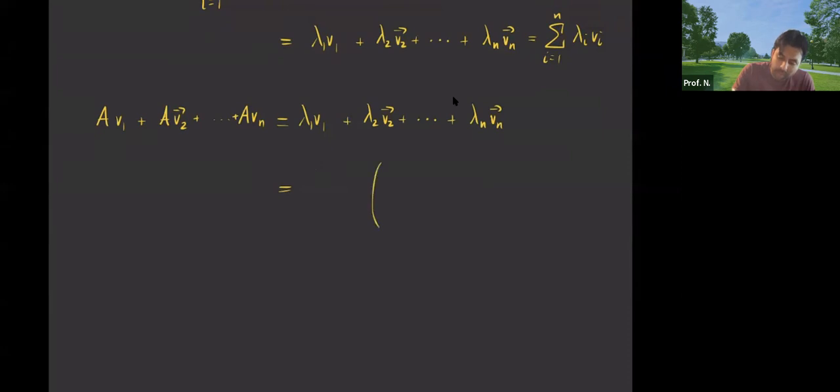V1 would be a column vector, V2 would be a column vector, and then Vn would be a column vector, like that. These are all columns. And then what would be the constant matrix?